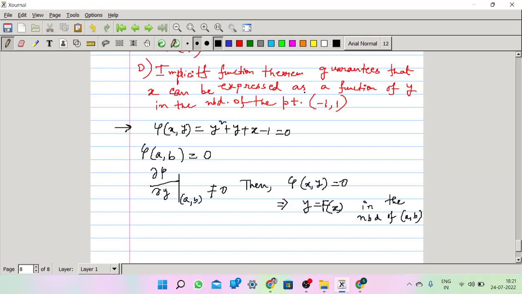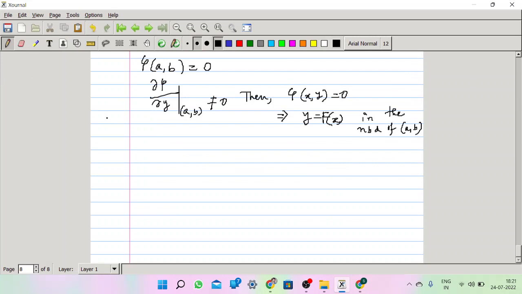Now I will check these properties for this particular phi around the given points. For the first option, the point a comma b is 5 by 4 comma minus half. So phi at 5 by 4 comma minus half is: y square, minus half squared, is plus 1 by 4, plus y, that is minus half, plus 5 by 4 minus 1.